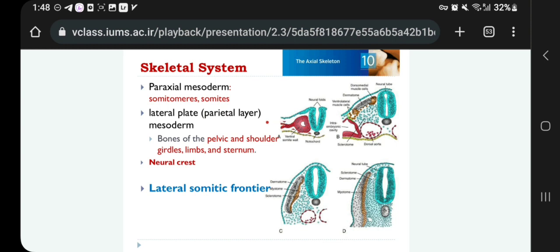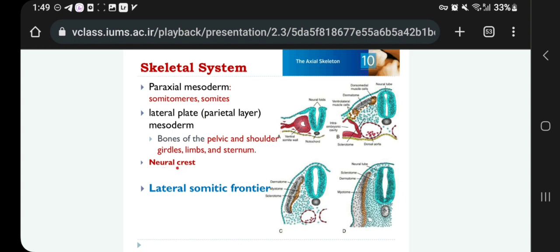The parietal mesoderm is the part under the ectoderm and covers the inside of the ectoderm. And the skeletal mesoderm differentiates partly from the paraxial mesoderm and partly from the lateral plate mesoderm.